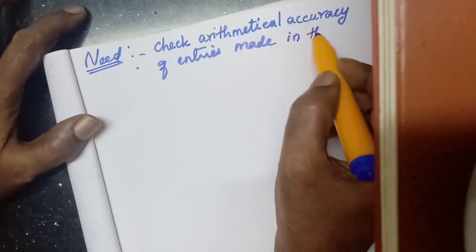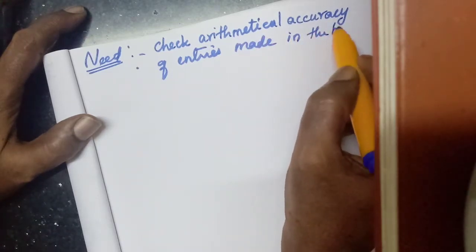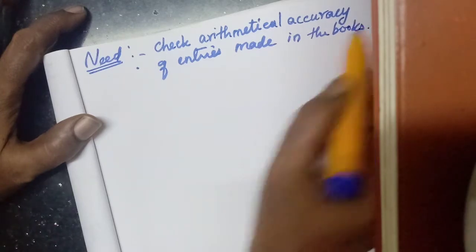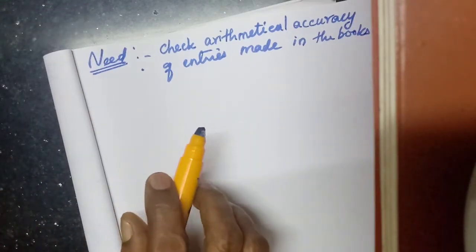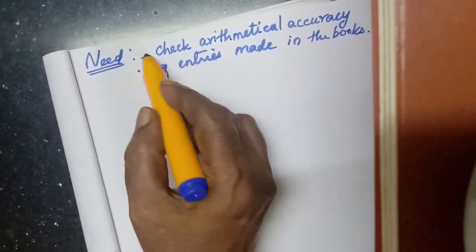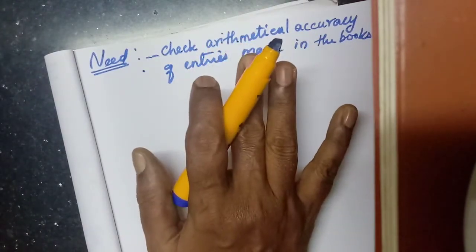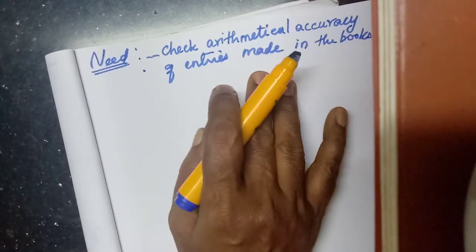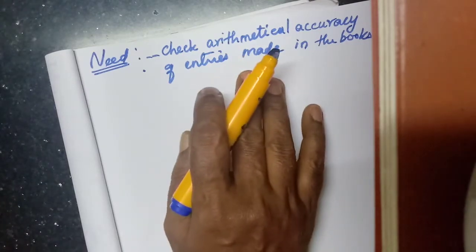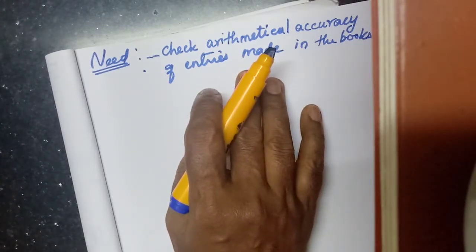In the books of accounts, we make many entries, isn't it? Journal entries, posting, then totaling, balancing. All that we can check. If it tallies, we can say, okay, arithmetical accuracy is there. Otherwise, we cannot say.